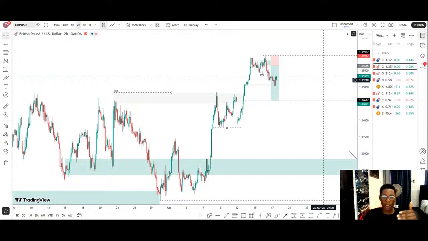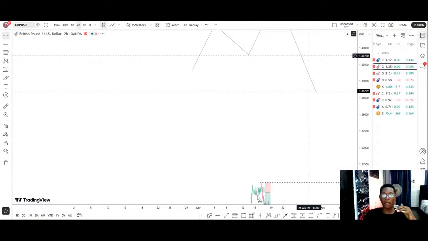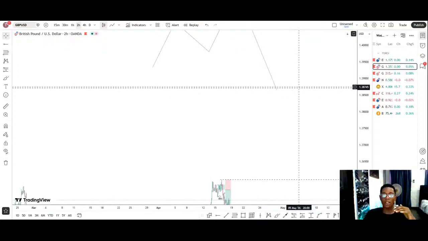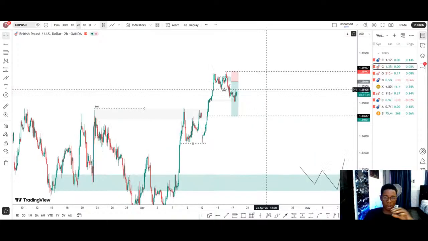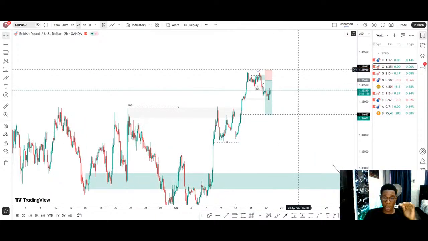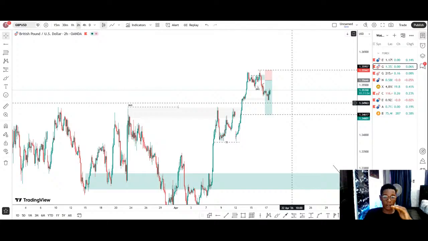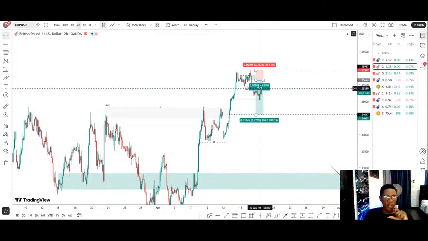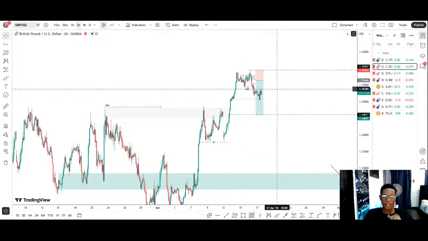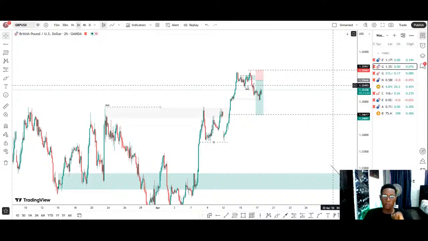Meanwhile, on GU we still have our area of supply level, which is our monthly area of supply level that has not yet been mitigated. So it's kind of crazy. The current chart on GU is kind of crazy, but we're also going to keep working with what price is playing out, right? But for now, I'm not really looking at this. I'm only focusing on EU.